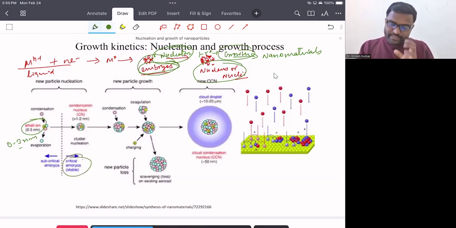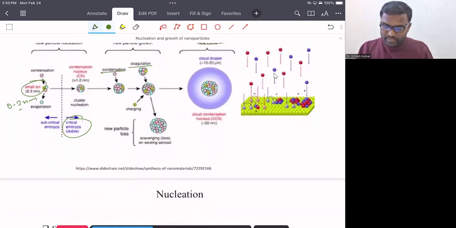Once we get the critical size of the embryos, that is called the nucleus, and there is further condensation, or maybe the coagulation process happens, and there is further growth of the nanomaterials, and ultimately we will get nanomaterials. So these are the steps in the nucleation and growth process of the nanomaterials.